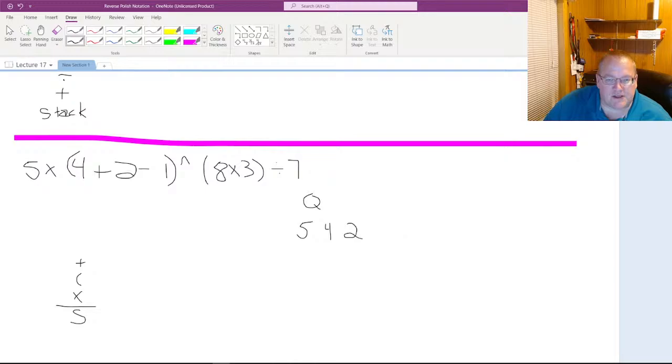So the plus gets popped off, sorry, and then we're going to push the minus sign on there. And then we're going to put the 1 on there. Then we see the closed parenthesis. Now, closed parenthesis says, basically, do that, and then pop that off, and pop that off.